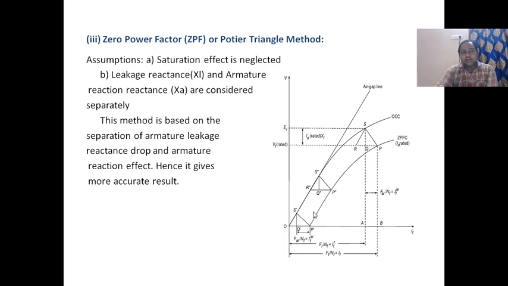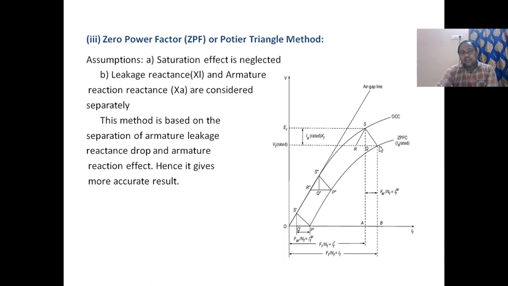Here, we need to conduct the ZPF characteristic test. First, draw the OCC characteristics. Next, draw the ZPF characteristics. Draw the tangent to the OCC, that is the air gap line. Whatever the distance O to P dash, the same distance is maintained here. First identify the rated voltage on the graph from the point P and draw the dotted lines.